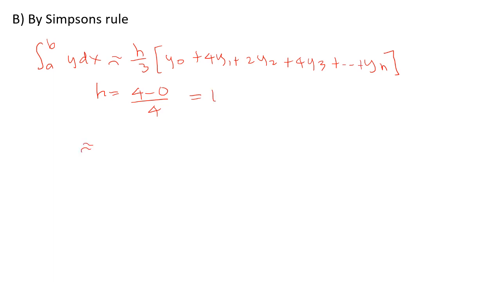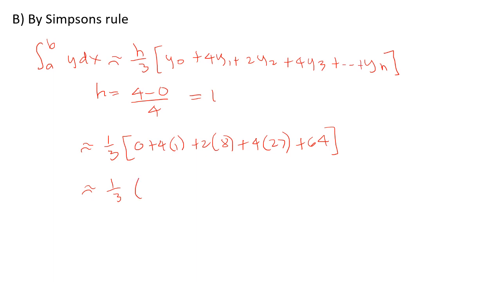So approximately 1/3 times 0 plus 4 times 1 plus 2 times 8 plus 4 times 27 plus 64, or estimated to be 1/3 times 4 plus 16 plus 108 plus 64, equals approximately 64.